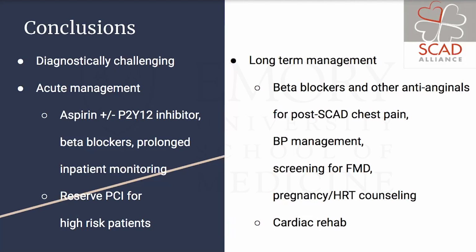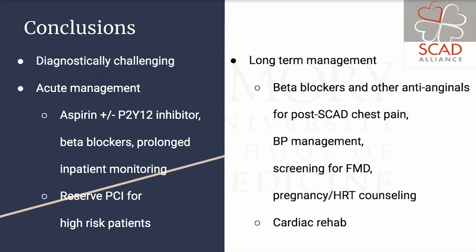So in conclusion, SCAD is clearly an important cause of ACS in young and middle-aged individuals, particularly women without traditional cardiovascular risk factors. Heightened clinical suspicion for it is an important aspect of accurate diagnosis and treatment. Most of our data on SCAD are retrospective and observational, so our knowledge is quite limited.